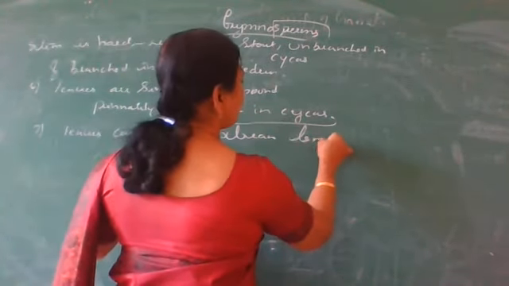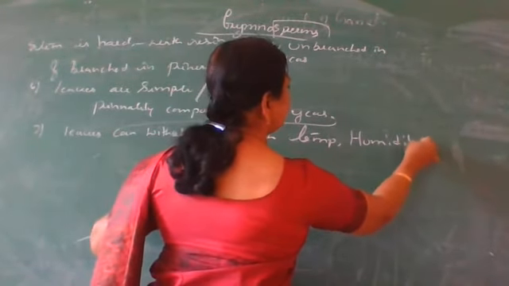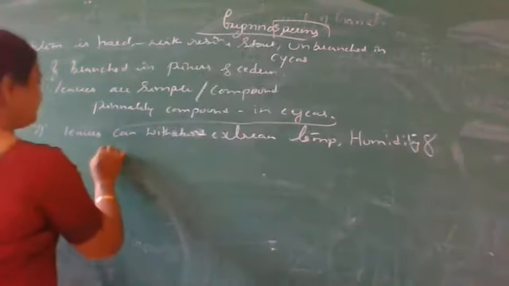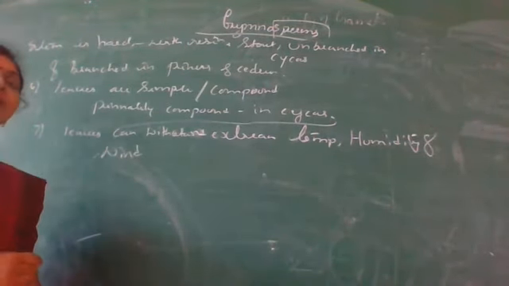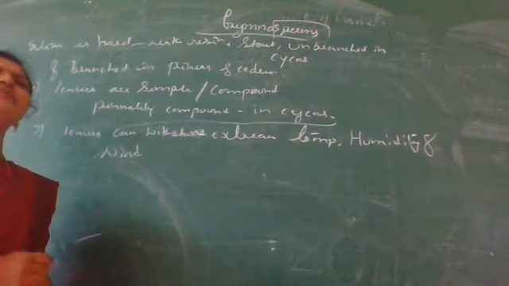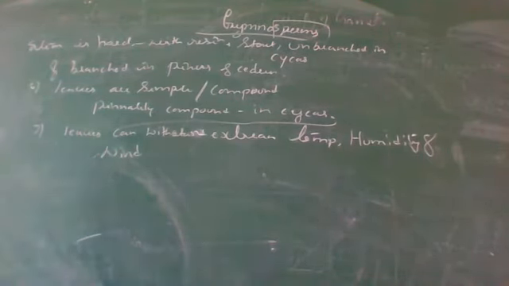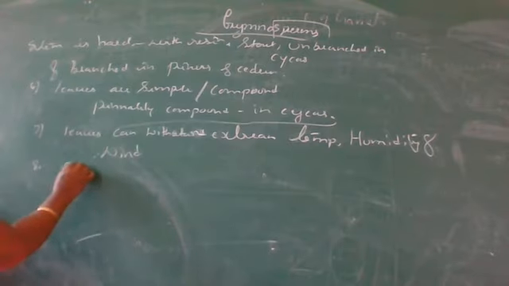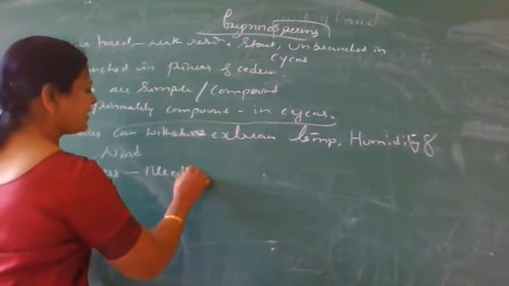Extreme temperature, humidity and wind. This is the unique feature of gymnosperms, that leaves can withstand an extreme range of temperature. It may be very cold or it may be too hot, or the humidity as well as wind. Especially in case of conifers, where the leaf is needle-like.